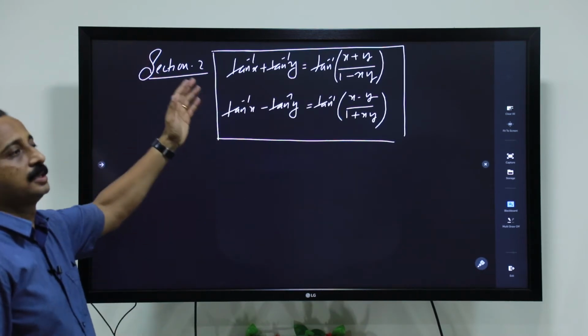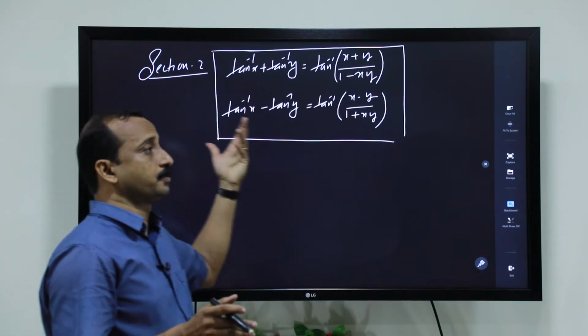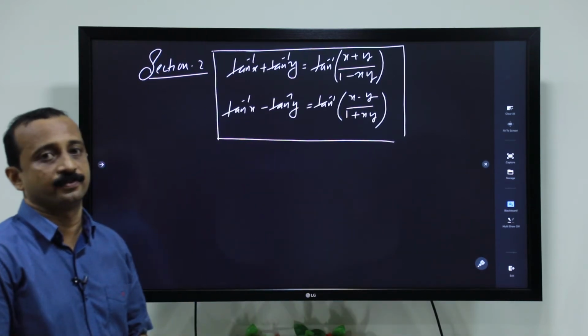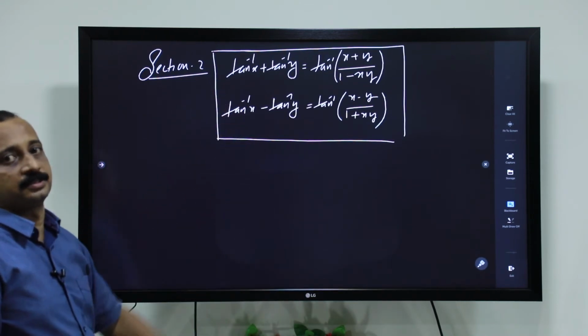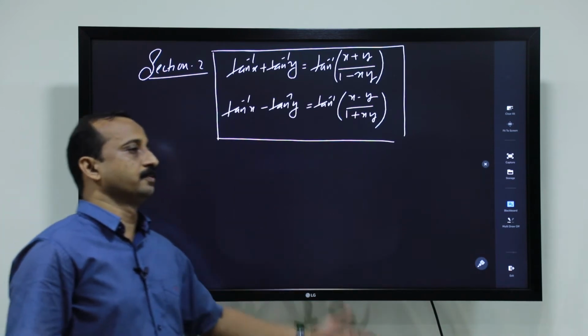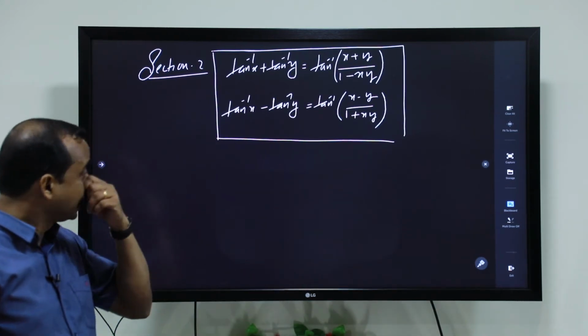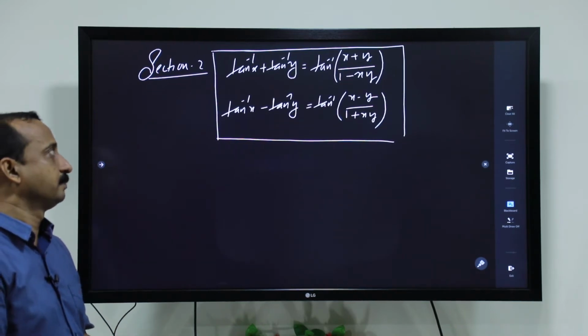So learn this formula by heart; proof is not needed, because you can find the proof using the tan of a plus b and tan of a minus b formulas. Tan inverse x plus tan inverse y is equal to tan inverse of x plus y by 1 minus xy, and tan inverse x minus tan inverse y is equal to tan inverse of x minus y by 1 plus xy.